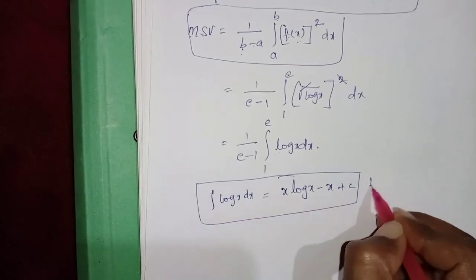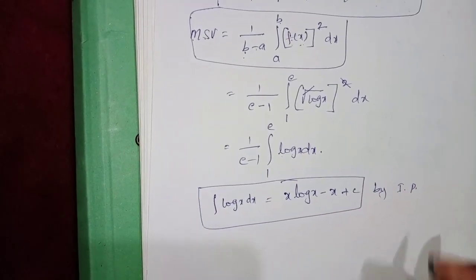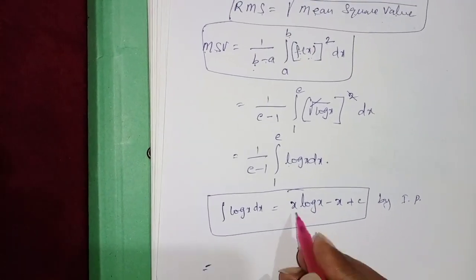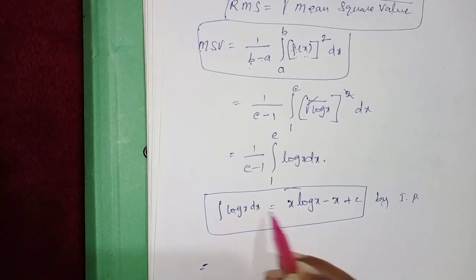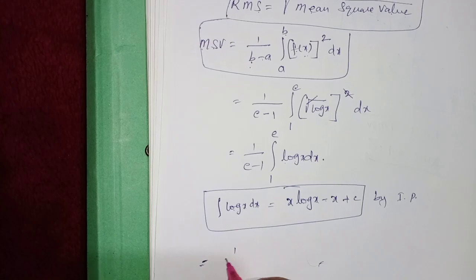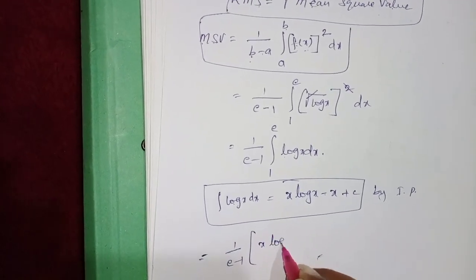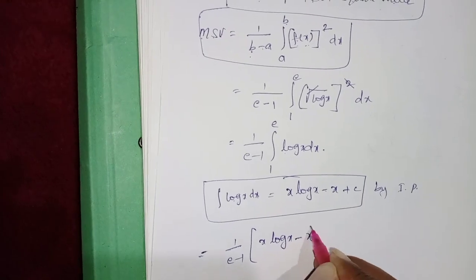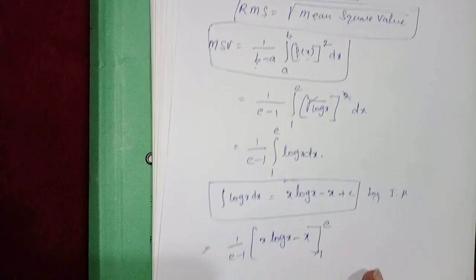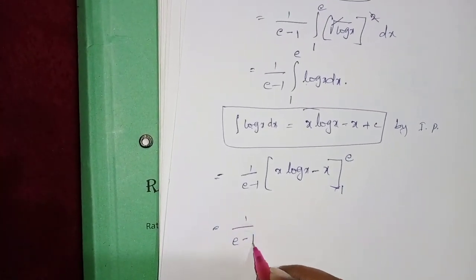If we use the integration by parts formula, and substitute the integral of log x dx value, x into log x minus x, here that is equal to 1 by e minus 1 into x log x minus x, the limits are 1 to e.